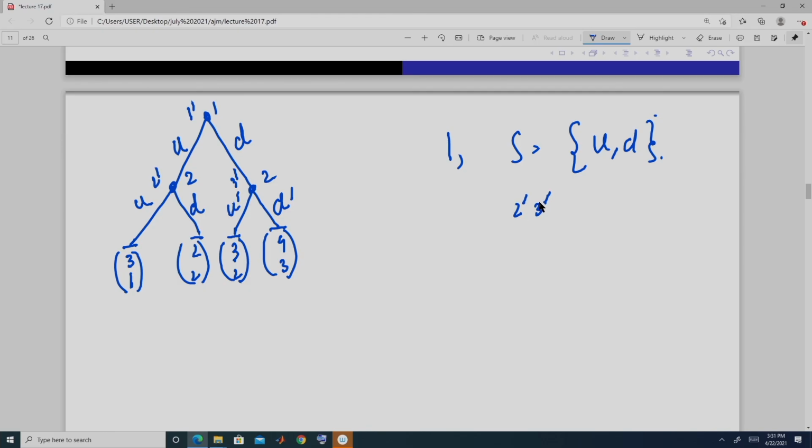Okay. So, how do we define the complete plan of action? Suppose strategy 1, these are for player 2. Okay.